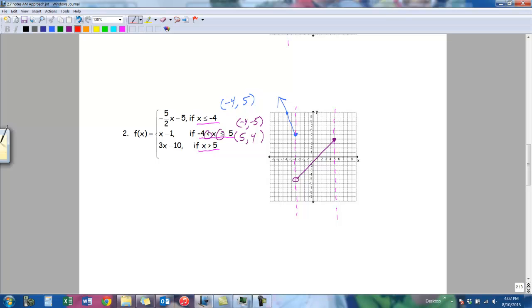Now this third point, our x-coordinate is going to be 5. Plug that in. 3 times 5, 15 minus 10 is 5. So plot that point. Is it going to be an open or closed dot? It's going to be open. But we don't have a second point to grab, so this is another one where we have to use the slope of 3.